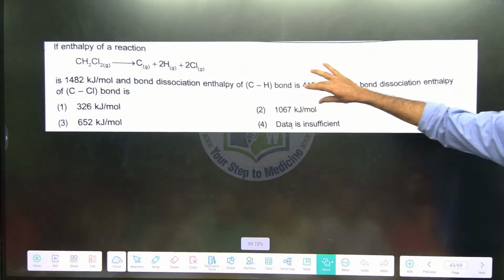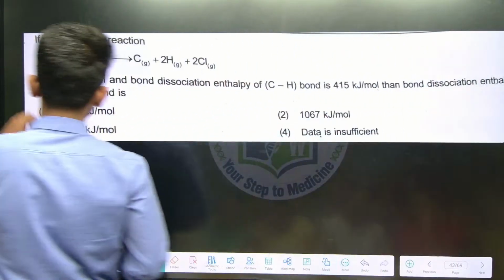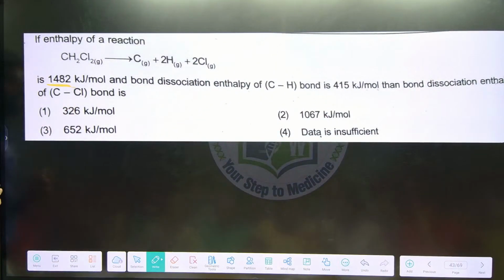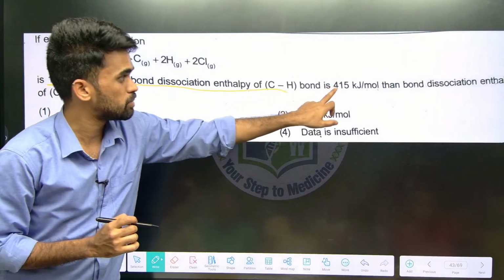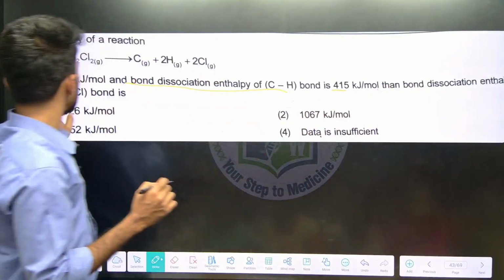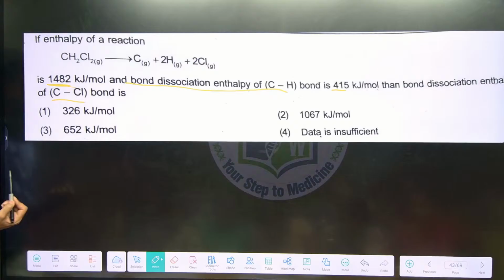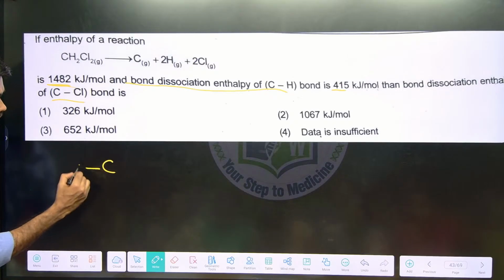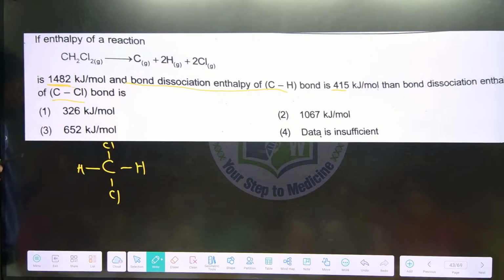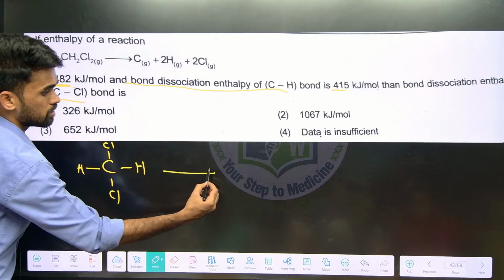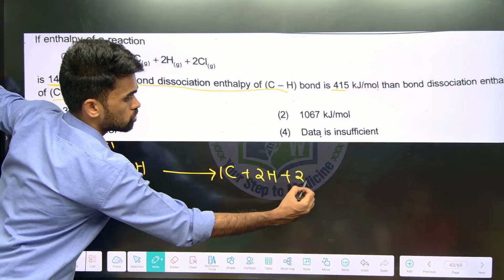See here, this is the data provided. Enthalpy of reaction is 1482 kilojoule. Then the bond dissociation energy of C-H is this much, and the bond dissociation enthalpy of C-Cl we need to find. How can we answer this? This is the molecule they have provided, CH2Cl2, converting into 1 carbon atom, 2 hydrogen atoms plus 2 chlorines.